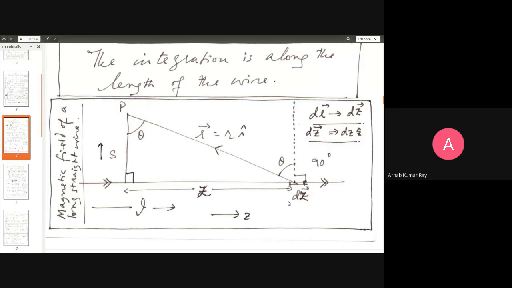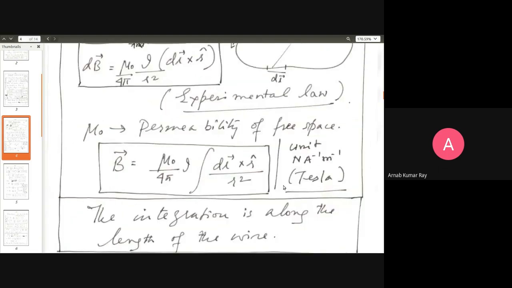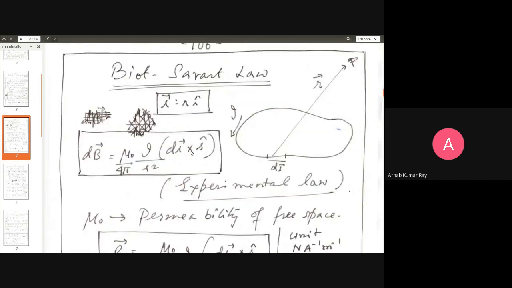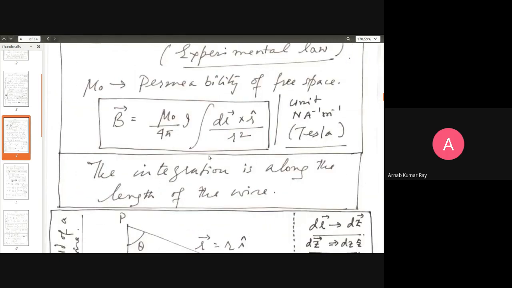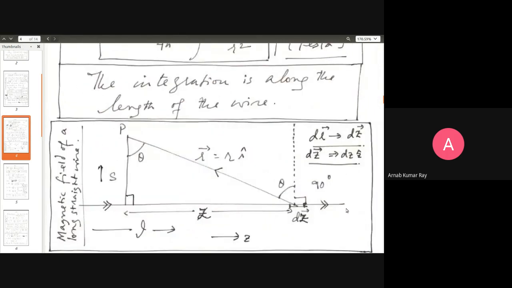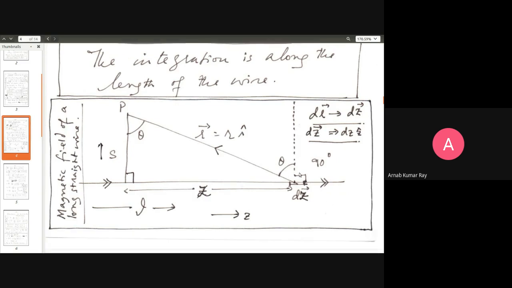Let us now apply the rule of cross product dl cross r cap. So this is dl, dz going from the left to the right. This is r cap going from here to point P. Both dl, dz and r cap are lying on the plane of the paper. They're lying on this white plane, right?